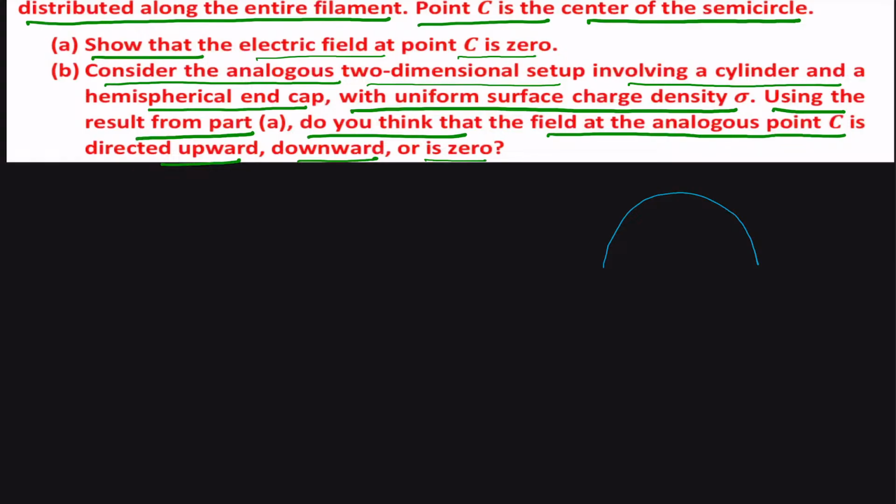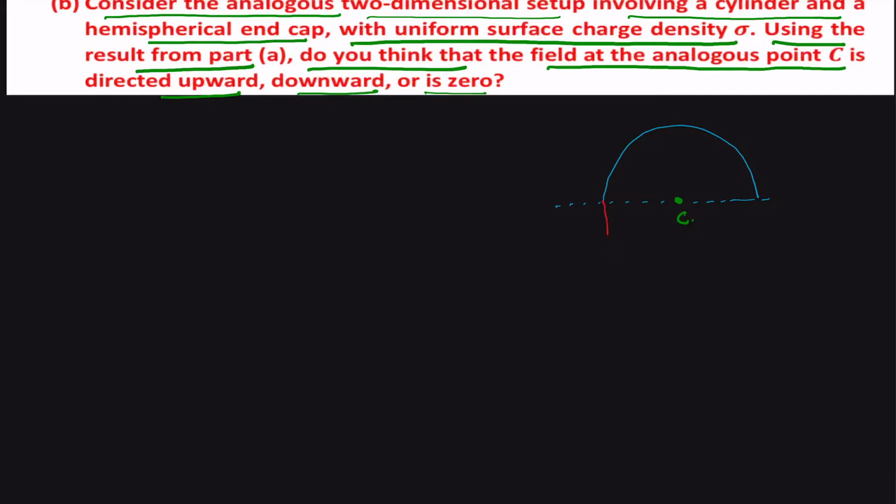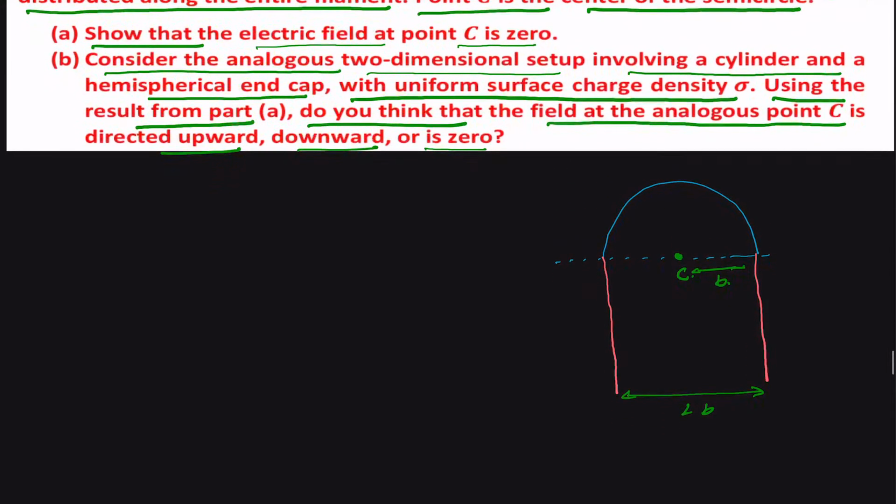Okay, so this is a semicircle, and the center of this semicircle is given as C, and to the left and right it is connected by a rod, and the distance between the rods is given as 2b, and the radius of the semicircle is given as b. Okay. And we have to prove that in this case the electric field at the center C is equal to 0.